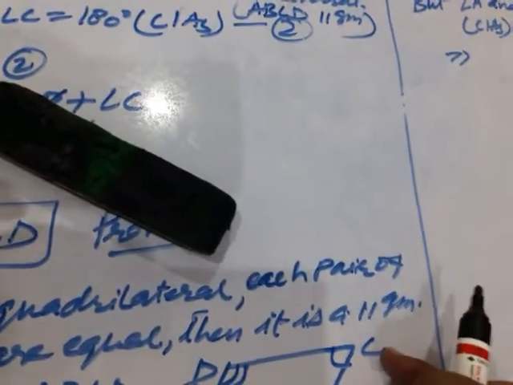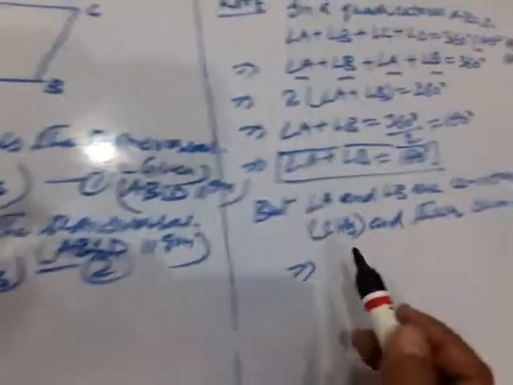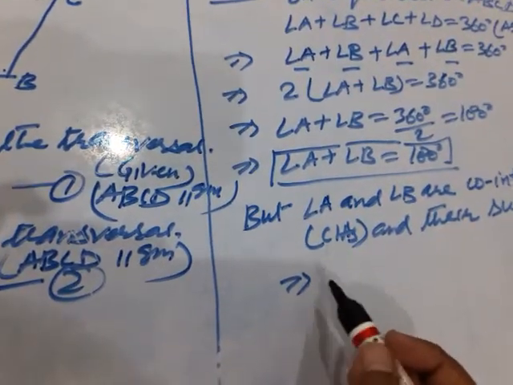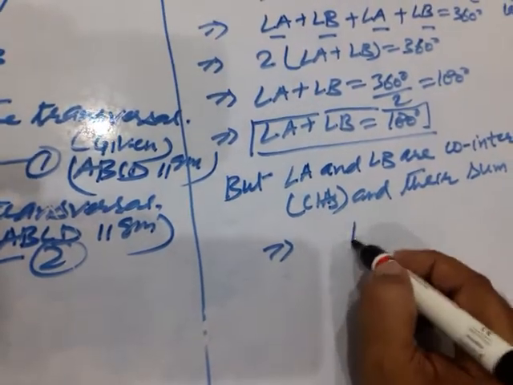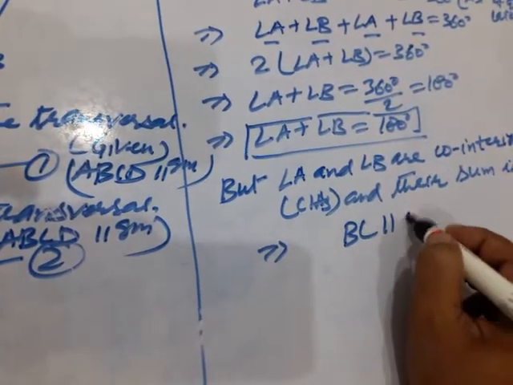What does it mean? This implies that BC is parallel to AD.